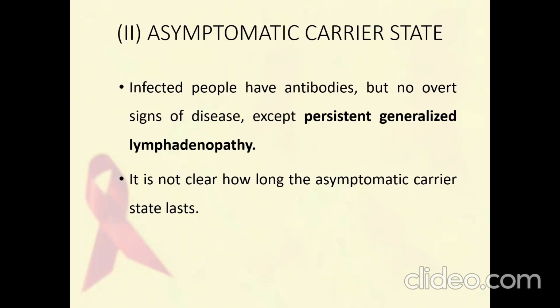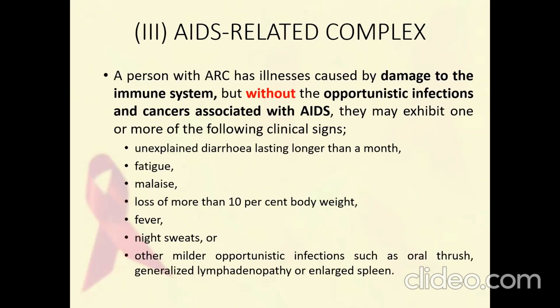It can be from a few months to 10 years or more than that. So in asymptomatic carrier state, these infected people have antibodies but no overt sign of disease, except persistent generalized lymphadenopathy. And it is not clear how long the asymptomatic carrier state lasts.